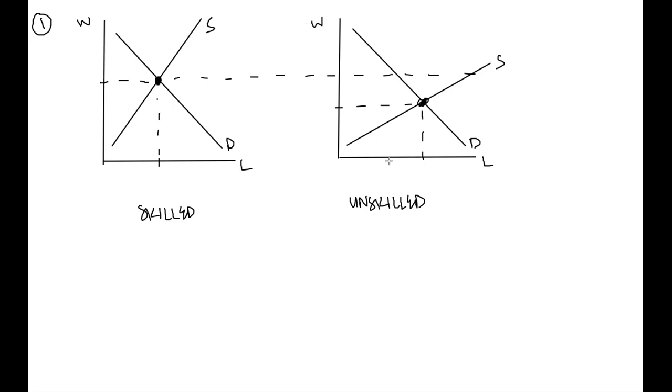An increase in the supply of unskilled labor is going to move this to the right. And then a decrease in the supply of skilled labor is going to shift this one to the left. With this shift, we can see there are new points for wage and level of employment.